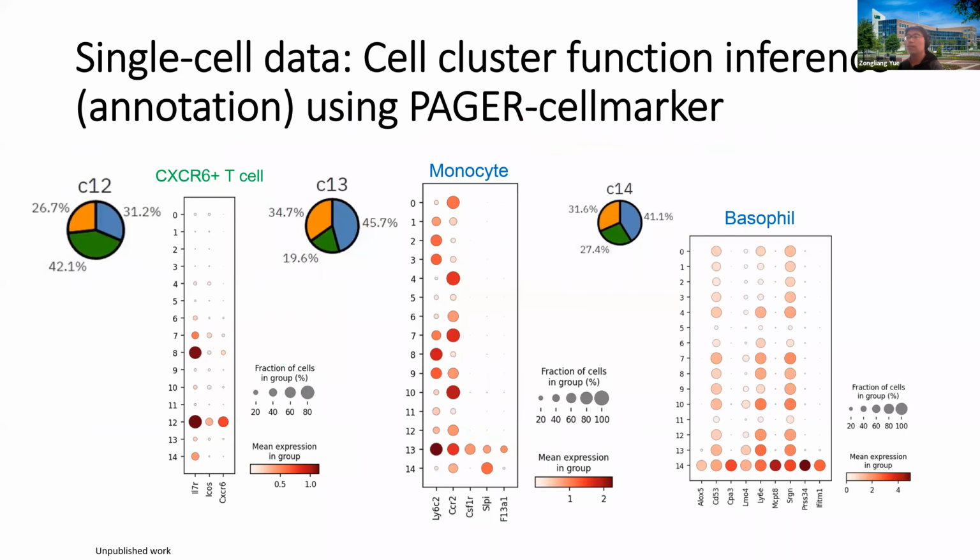Likewise, we can also pull up these overlapping biomarkers or candidate genes here to check whether these are truly specific genes observed in the corresponding cluster. For this subcluster 12, we have seen these 3 genes reported in CXCR6-positive T cells. We have seen these genes uniquely expressed and also with a higher fraction of cells in the group. The same applies to the monocyte-basophil cluster here.